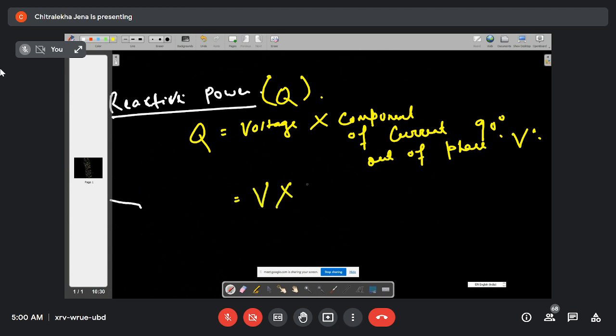Which component is 90 degrees out of phase with the voltage? I sin theta. So Q is equal to VI sin theta.